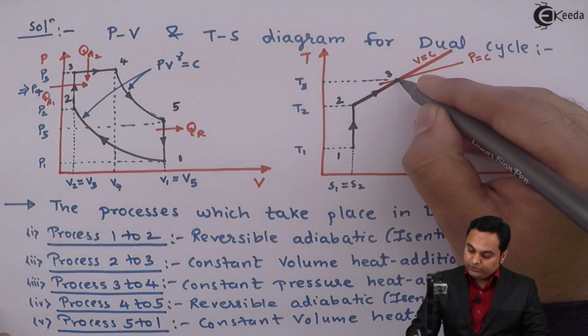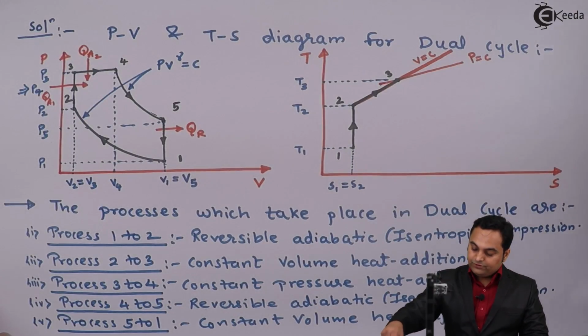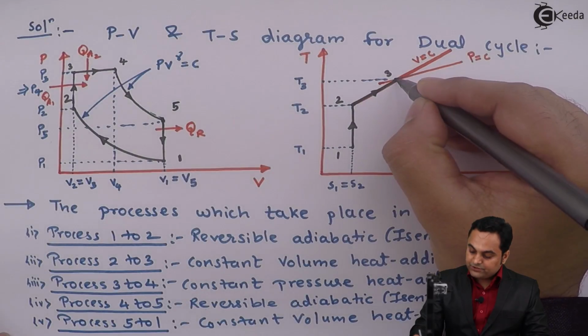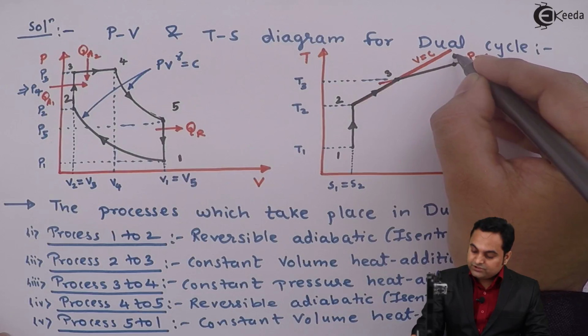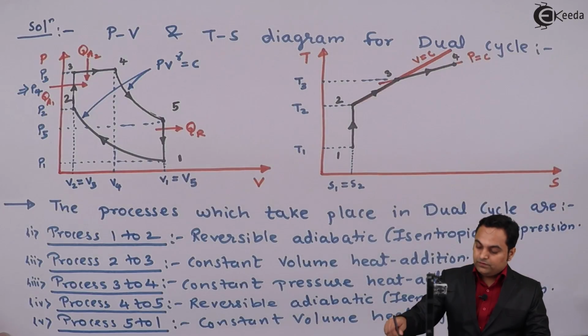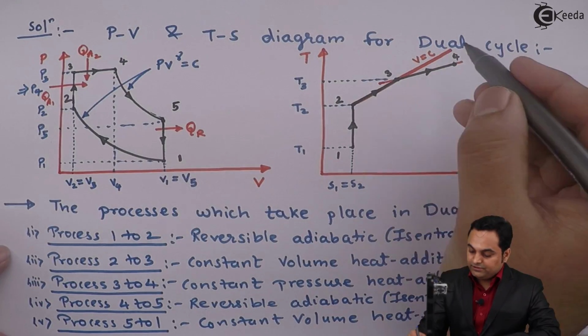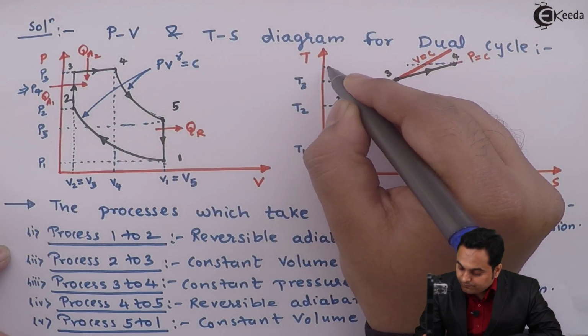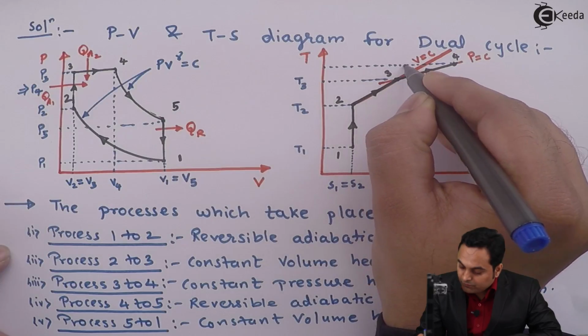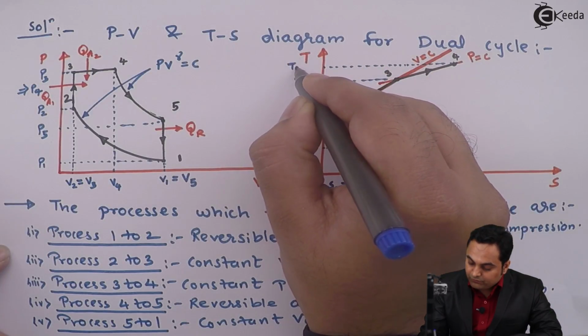So heat will go on adding from 3 to 4 following the constant pressure. We reach up to point 4, and here as we see, the temperature has increased further from point 3 up to point 4.